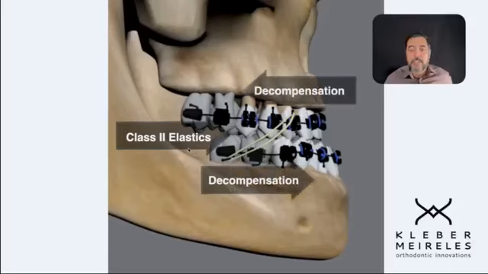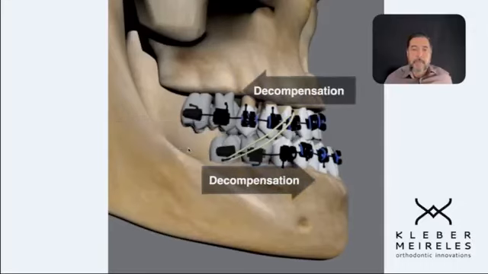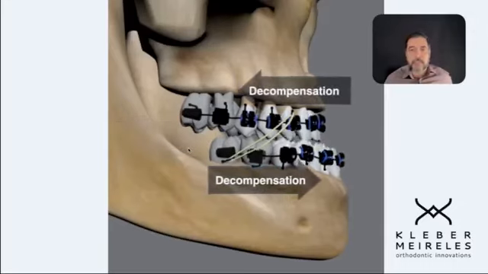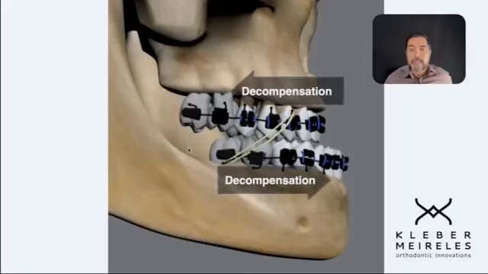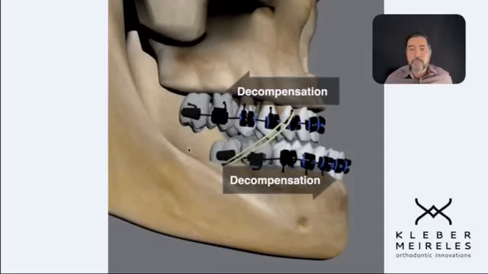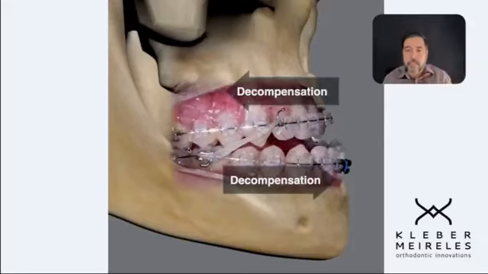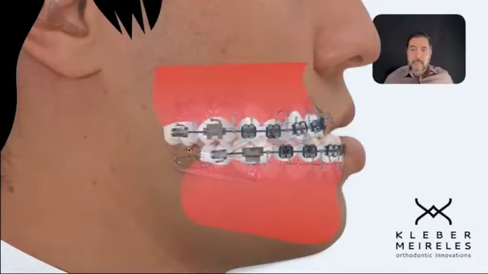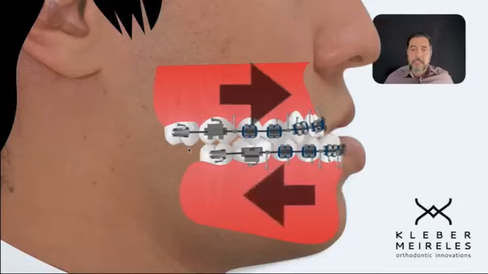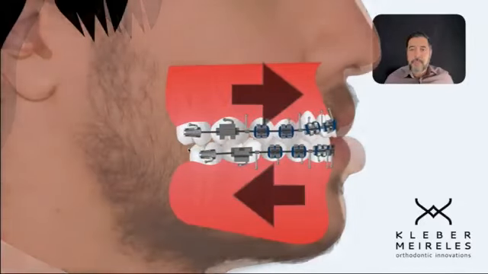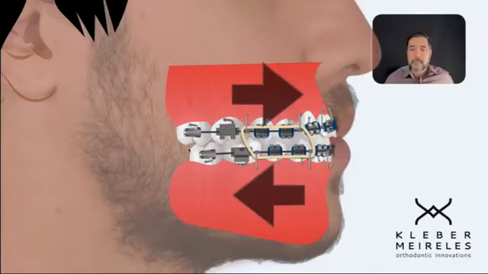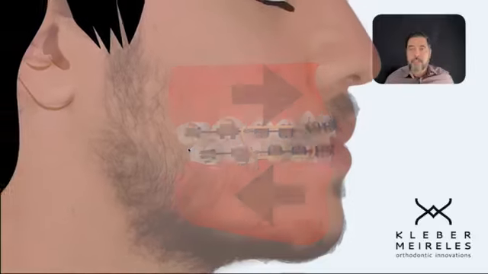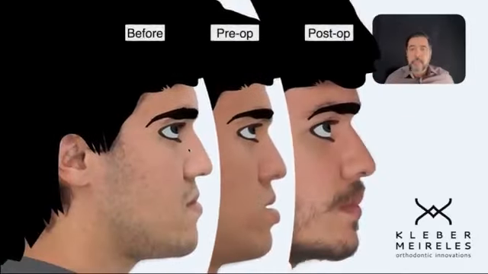And the decompensation is going in the opposite direction of the compensation, of course. And this is what we usually do. We showed the compensation and now the decompensation in class 3 cases. Okay, and before surgery and after surgery, the correction of it. The negative overjet was corrected in surgery.